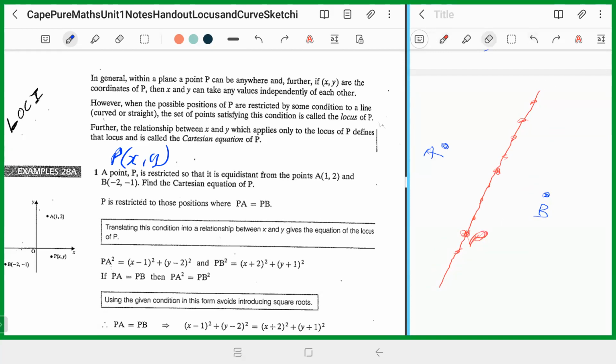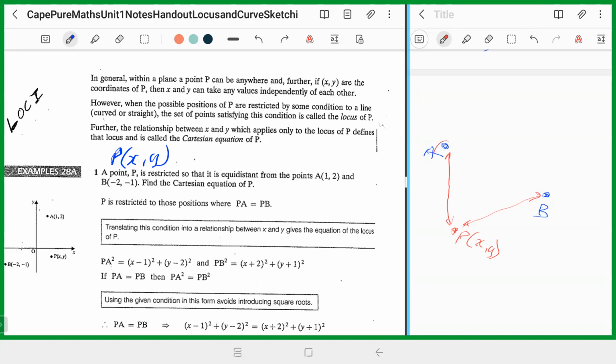But to calculate this equation, all we have to do is call the point P (x, y), and make a relationship that says: get an expression for this distance and put it equal to an expression for this distance.